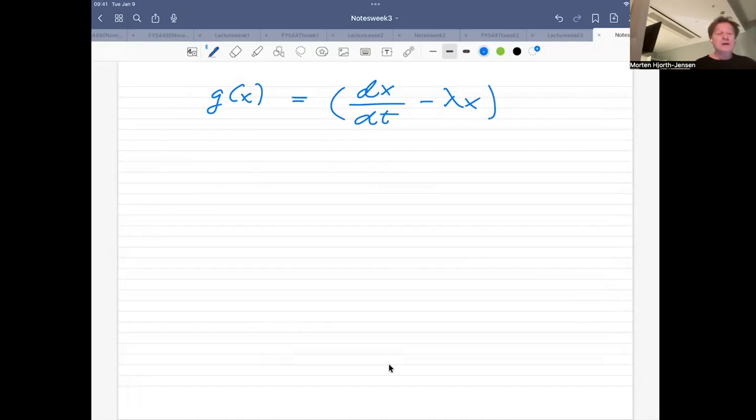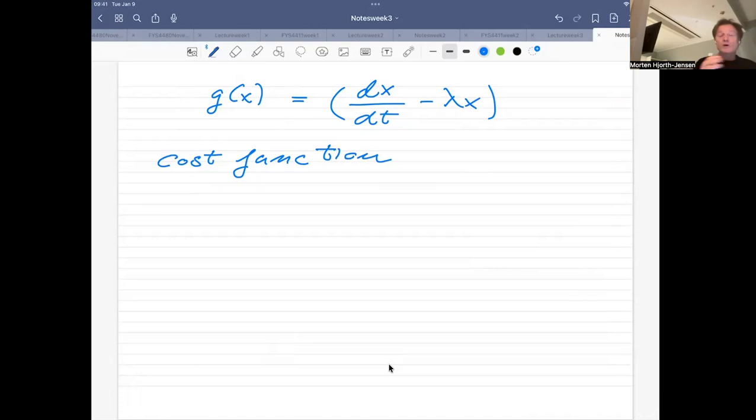Now, this function g allows us to make an ansatz for the solution x using a neural network. So what we could do then, and this is typically what is done, is define a cost function, which is simply given by this function g of x squared, the difference between the left-hand side and the right-hand side.